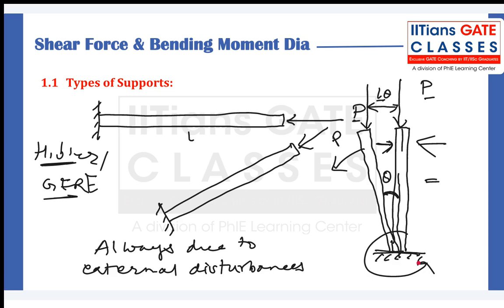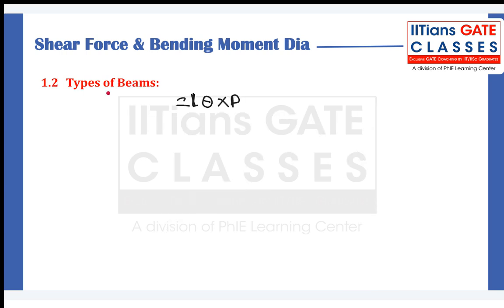So if it is a disturbing moment, then there has to be an opposite moment, which is called the restoring moment. So there is a disturbing moment, DM, which will be L theta into P, and there has to be one restoring moment.